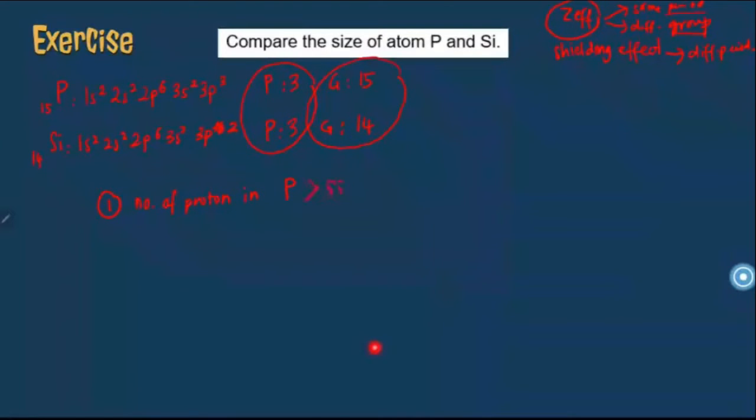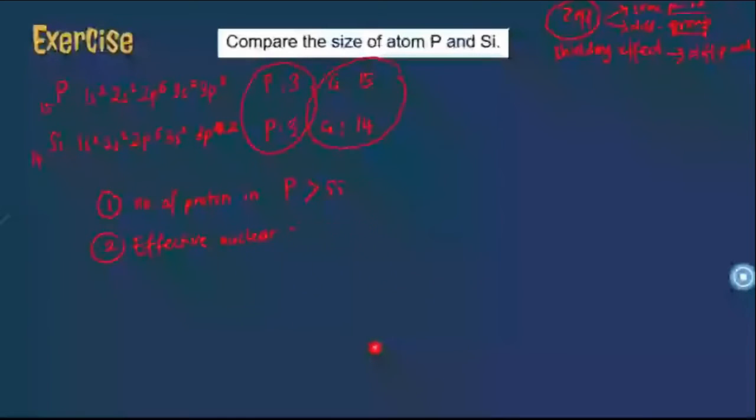Therefore, the effective nuclear charge of phosphorus is greater than silicon. Don't use Zeff in your explanation; please use the full name, effective nuclear charge.